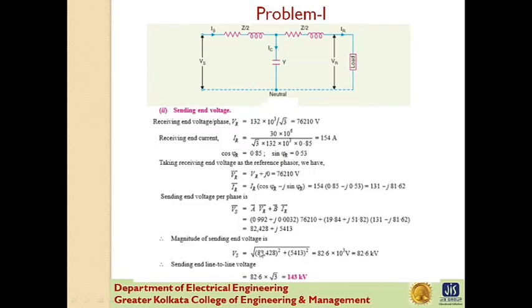Now this is the phase voltage. We convert it into line voltage, so we multiply it by root 3. So the sending end line to line voltage is 82.6 into root 3, which is equal to 143 kV.